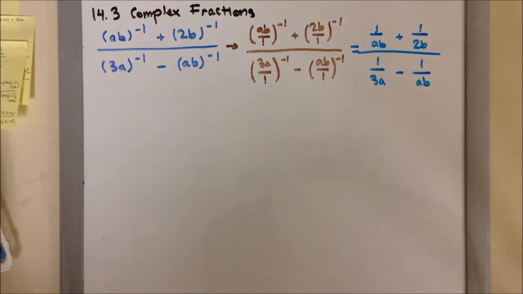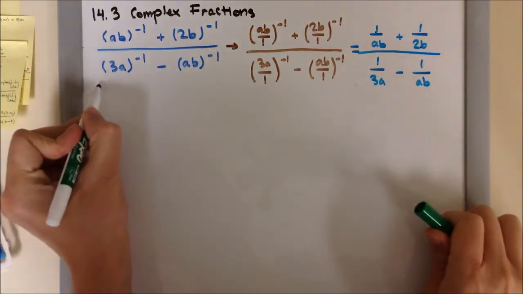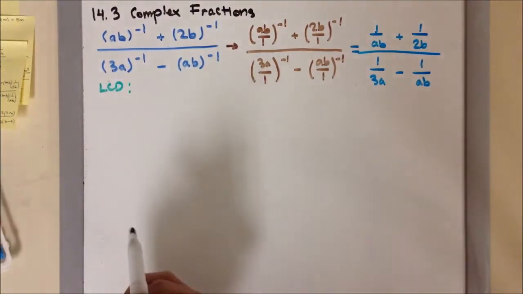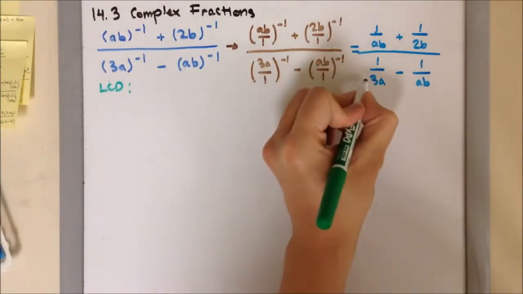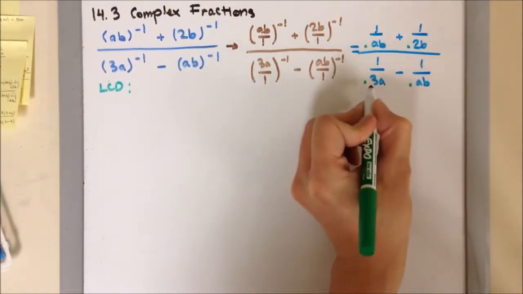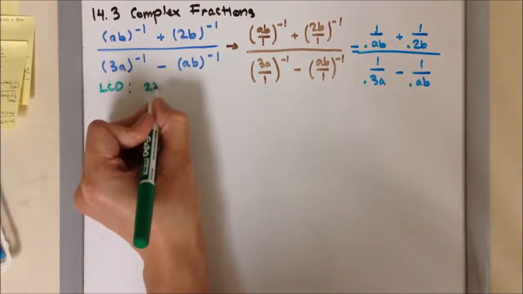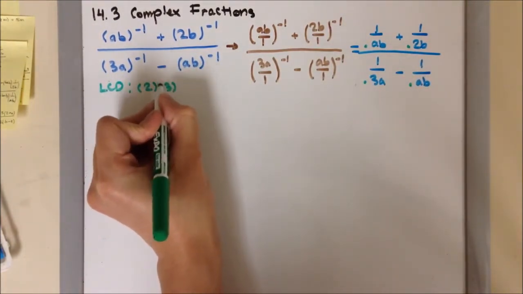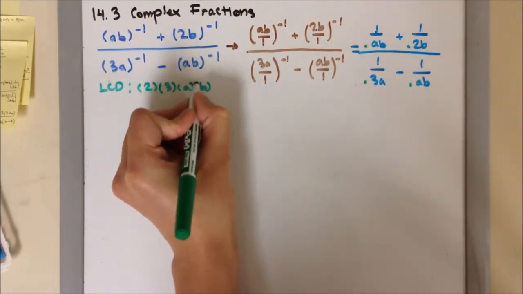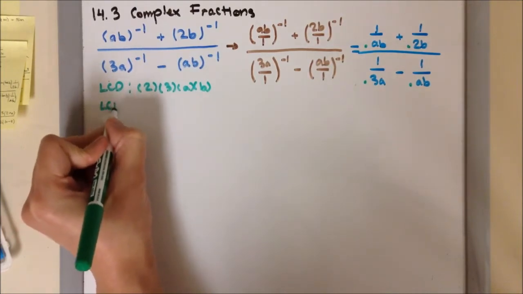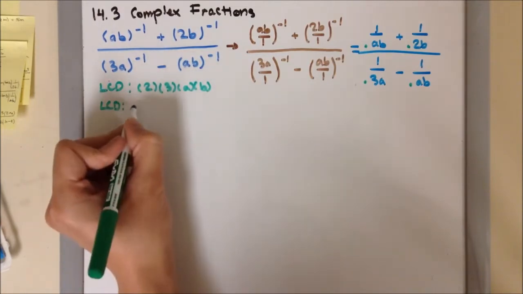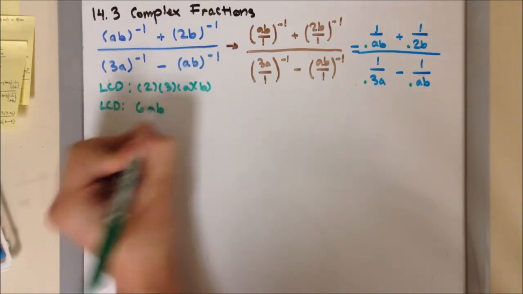So let's identify our LCD. Let's take a look at the numbers in our 4 denominators. Mark them. We have the 3 and the 2, so let's write that down. We also have 2 variables, the A and B. When we combine the LCD together by multiplying the 2, the 3, the A, and the B together, I'm going to get 6AB.